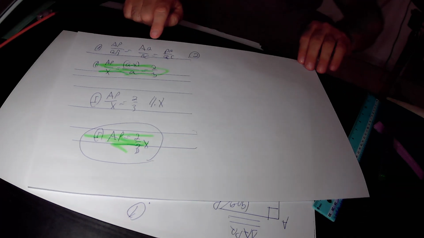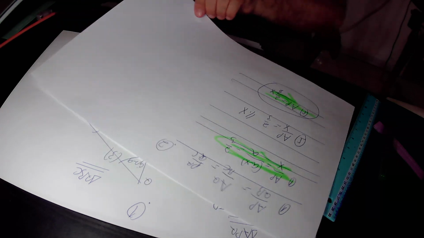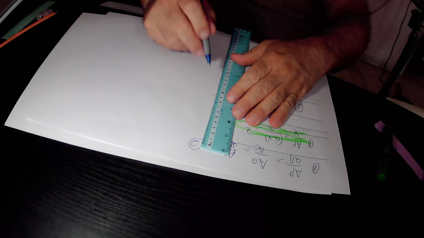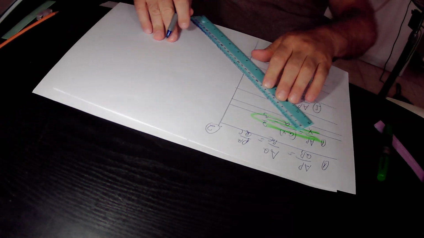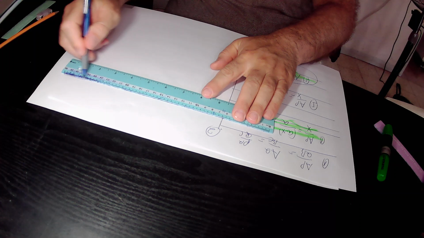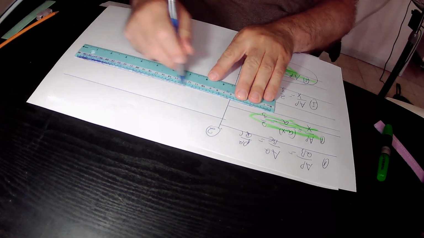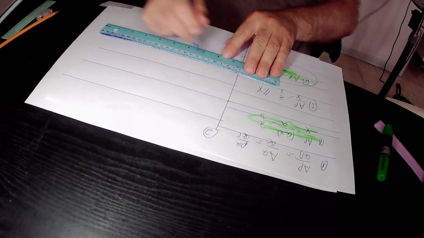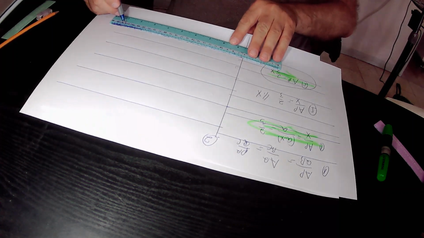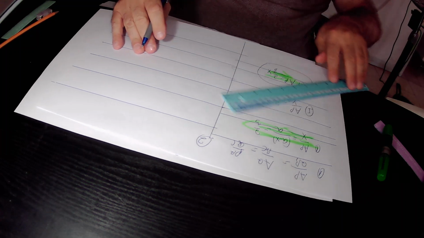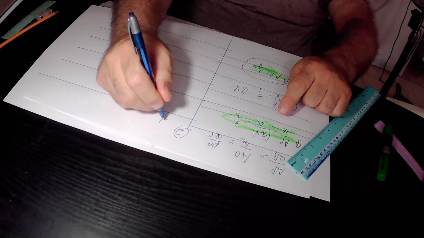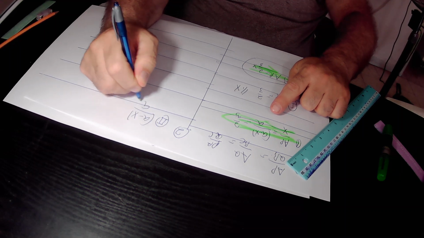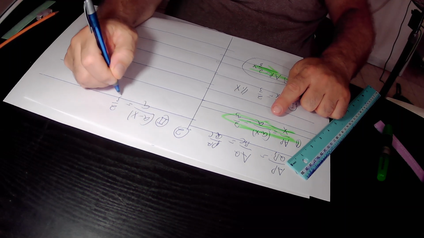And we get that according to equation 2, A minus X over A equals 2/3.